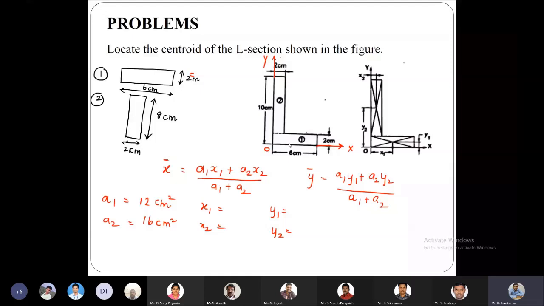This x bar is nothing but the major diameter or the major length. Here we can see that the major length is 8 centimeters divided by 2, so we get the value of x bar as 4 centimeters. Then the complexity of the problem is reduced, and we need to find only the value of y bar.